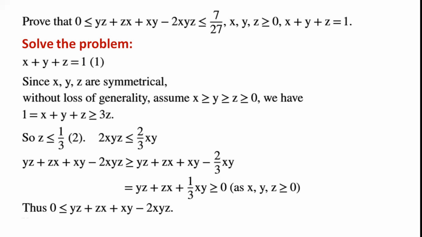Thus, 0 is less than or equal to yz plus zx plus xy minus 2xyz.